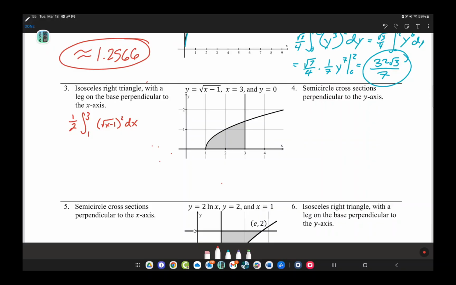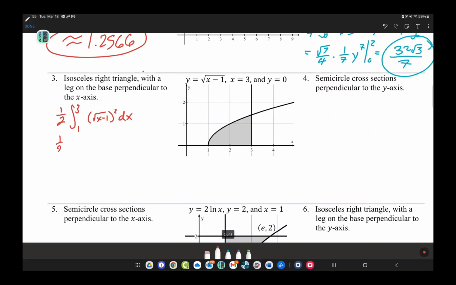Which is just 1/2 the integral from 1 to 3 of x minus 1 dx. That gives you 1/2 of 1/2 x squared minus x from 1 to 3. So 1/2 of, plug in 3, we get 9/2 minus 3.